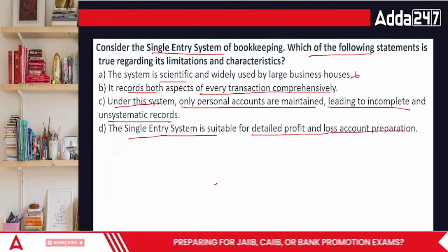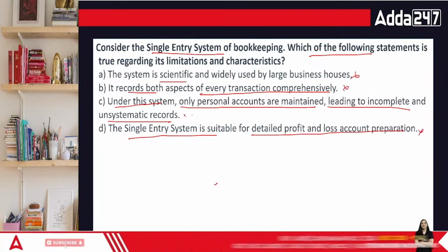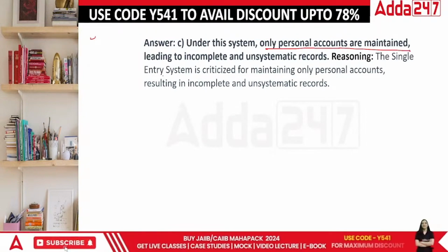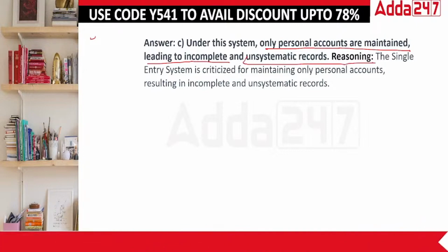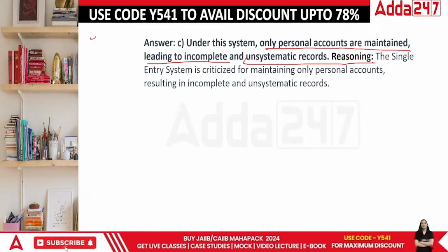It records both is also wrong. So these are all to be eliminated. There is only one correct answer, that is C. Under the system, only the personal accounts are maintained, leading to incomplete and unsystematic records. Done?